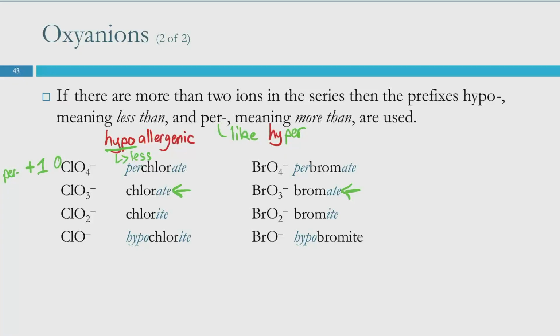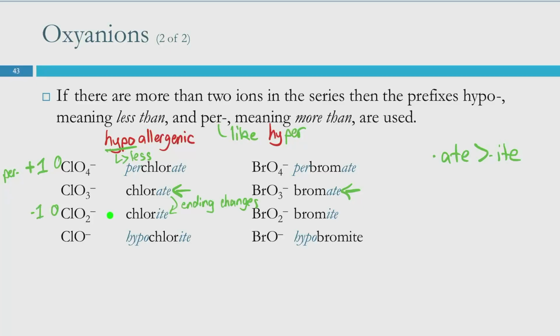If we go from our ate form, if we drop one oxygen, so ClO2, we're minus one oxygen now, the ending changes to ite. So ate is bigger than ite in terms of the number of oxygens.